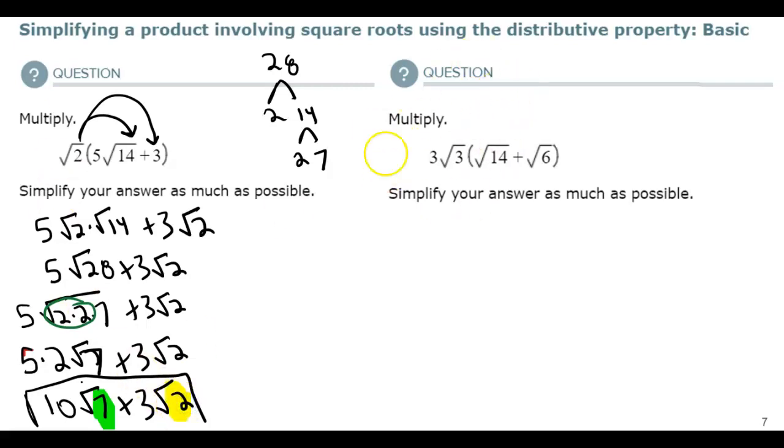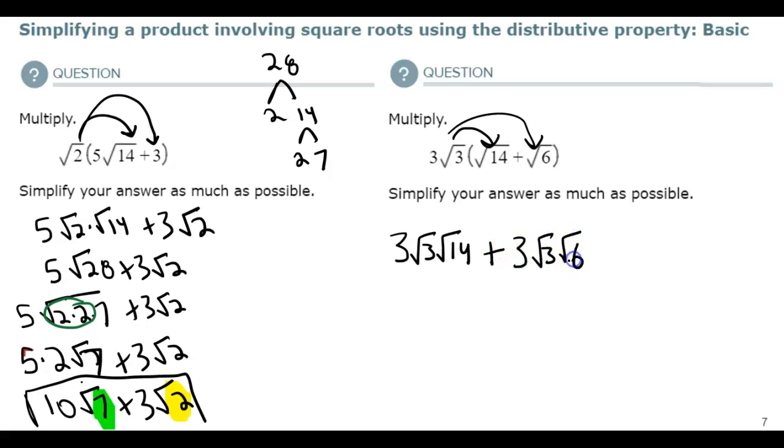Go ahead and pause the screen, try this one on your own. Okay, you guys tried this one. We get 3 square root 3 square root 14 plus 3 square root 3 square root 6. If I break down 14, that's 7 and 2. So 3 times 7 times 2.